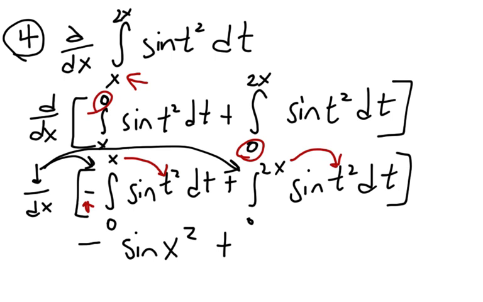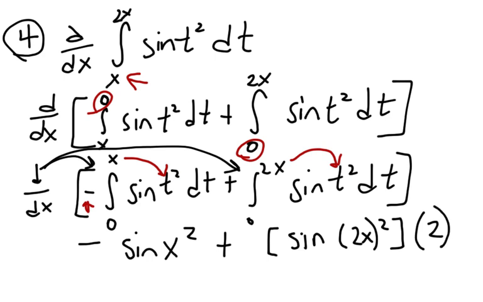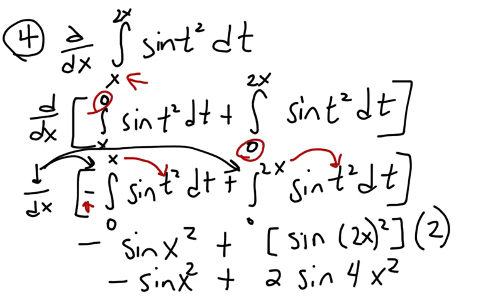So I'm going to say that this is the sine of 2x squared times the derivative of 2x, which is 2. And then I just need to simplify this. Negative sine x squared plus 2 times the sine of 4x squared, which is the answer.